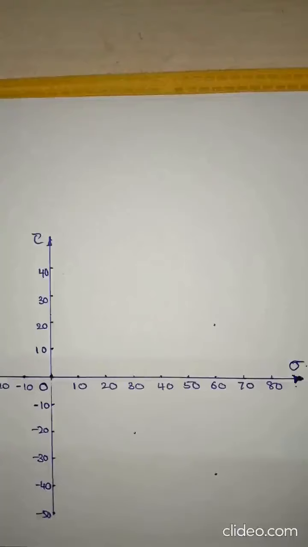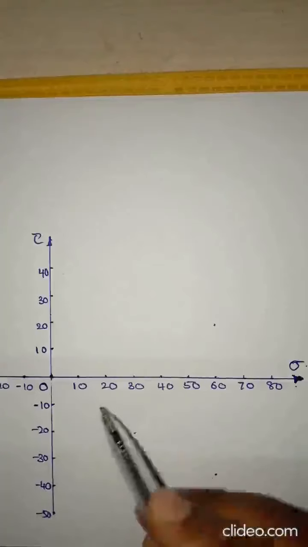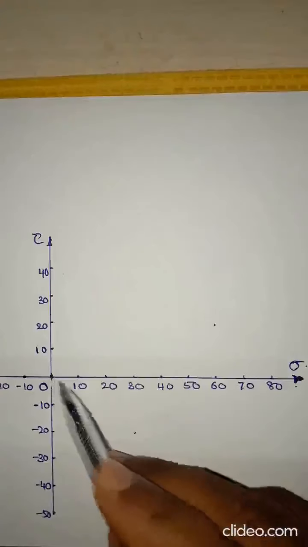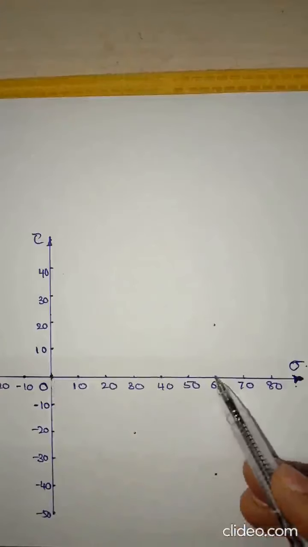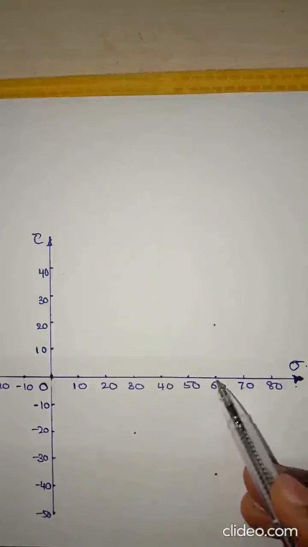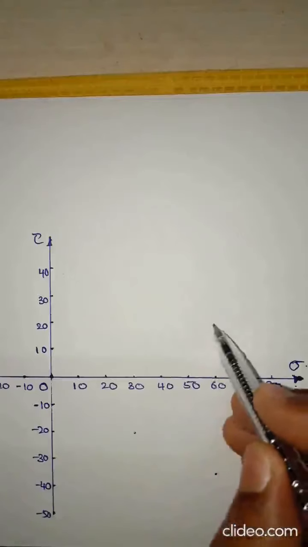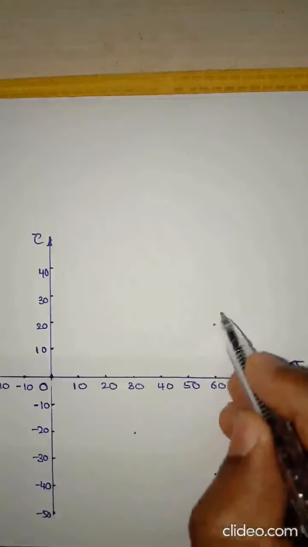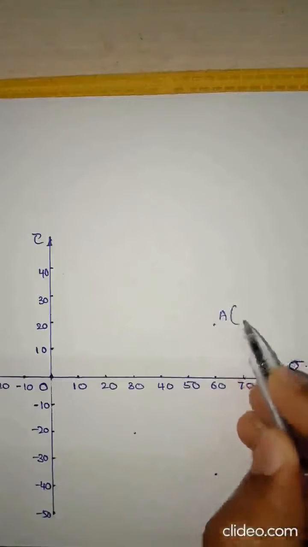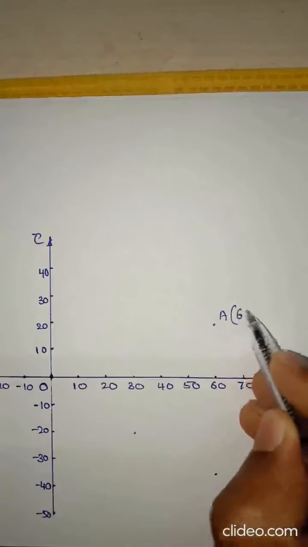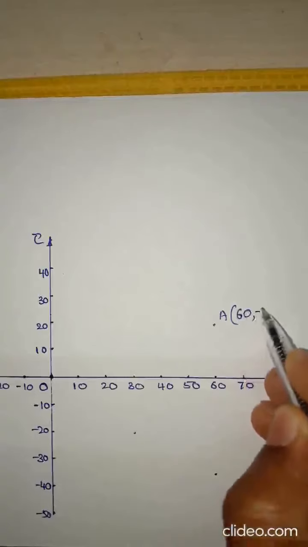So the first point is sigma x comma tau xy. Sigma x is plus 60 and tau xy is minus 20. So when tau xy is minus, the first point will be plotted in the positive tau direction. This is point A, representing 60 comma minus 20.